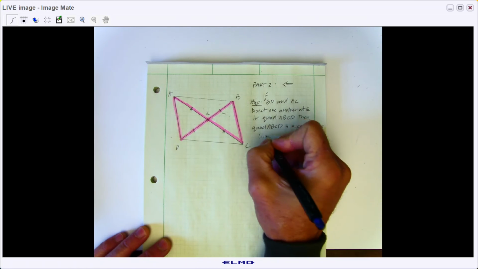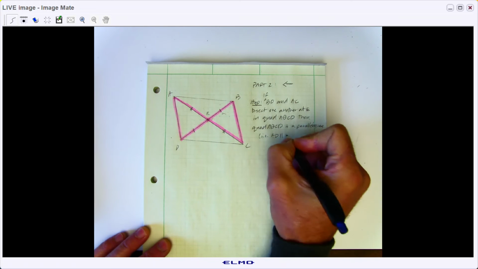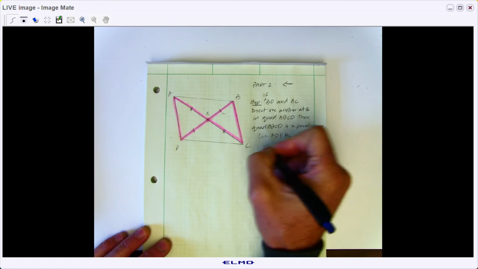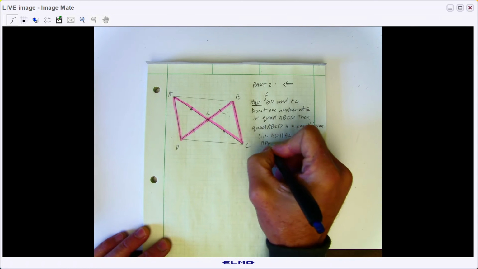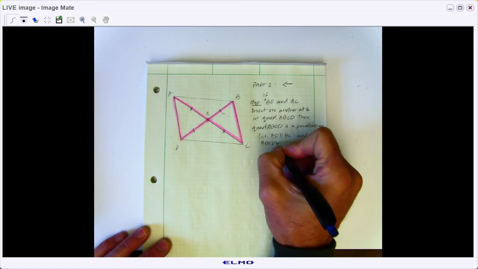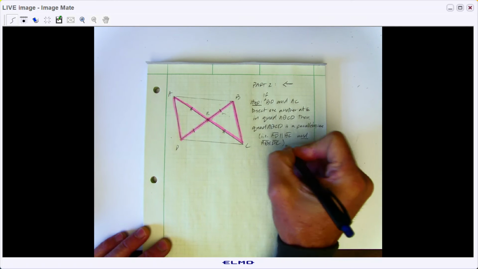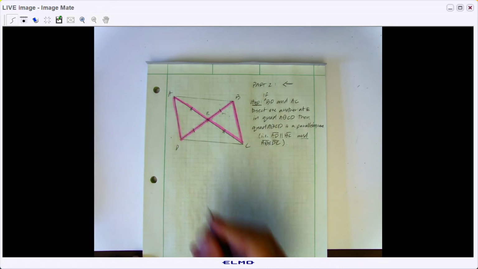So AD is parallel to BC, and AB parallel to DC. So that's the hypothesis. Let's go ahead and get after it here.